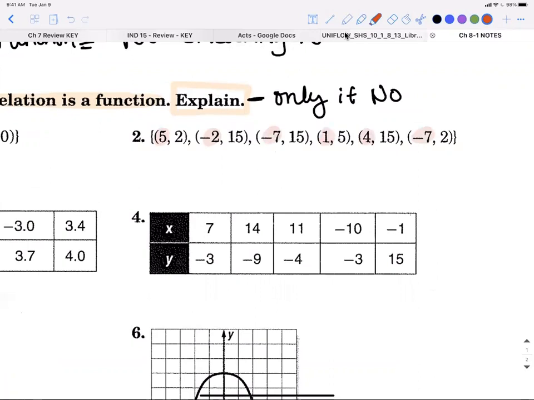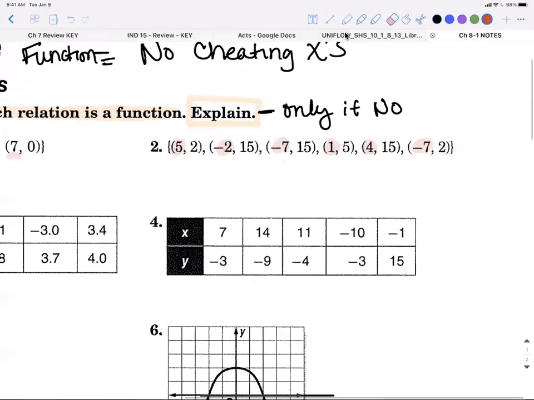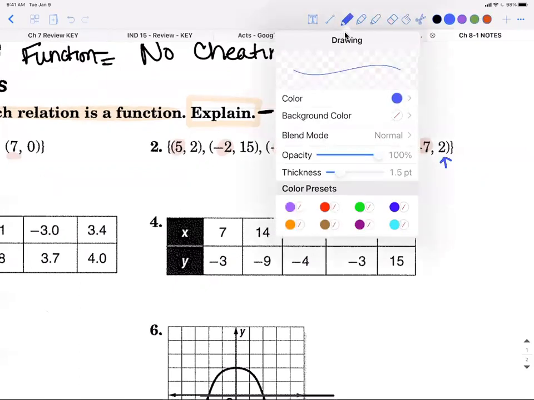Do I have a repeating x? Yes. Okay, which x is it? -7. All right, what is -7 doing? -7 is a cheating x. Why? Because -7 is with the 15 and with the 2. So it's a cheating x, which means, is this a function? Nope.